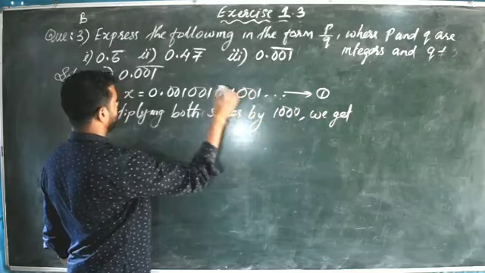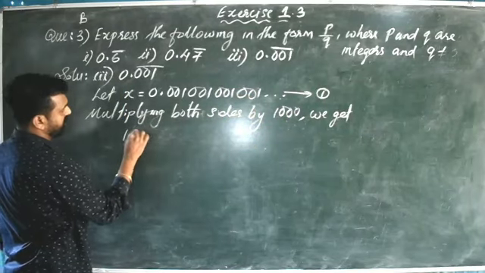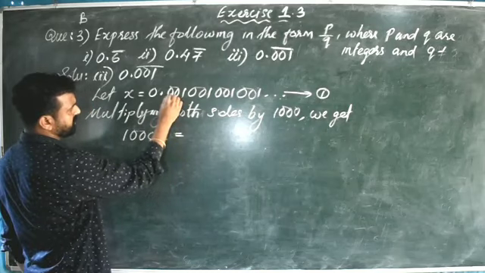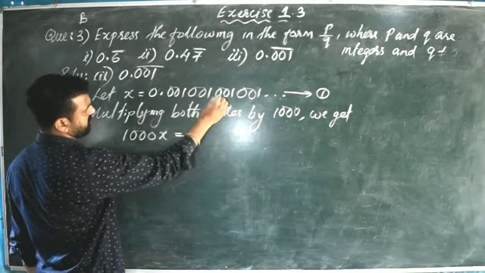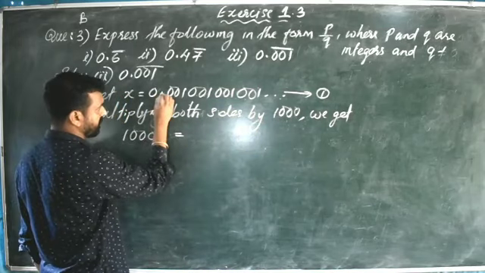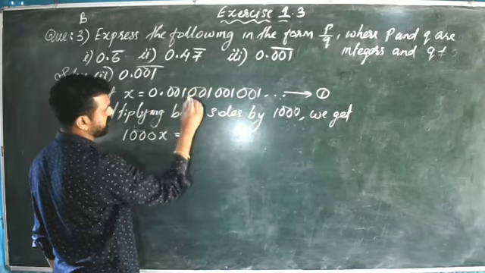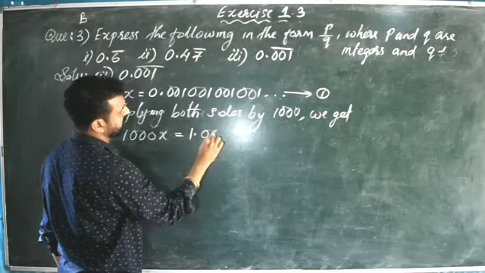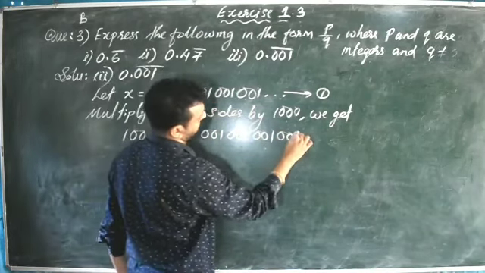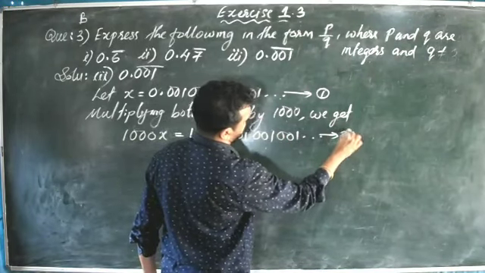So 1000x is equal to 0.001001001 etc. into 1000. The decimal point will go 1, 2, 3 places to the right side. It will become 1.001001001001 etc. That is equation 2.